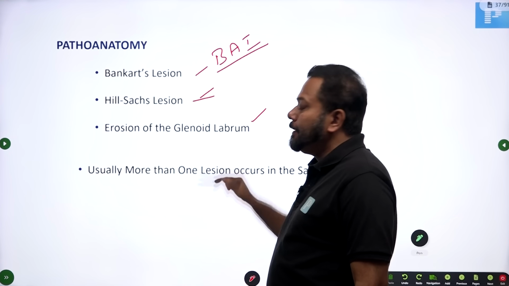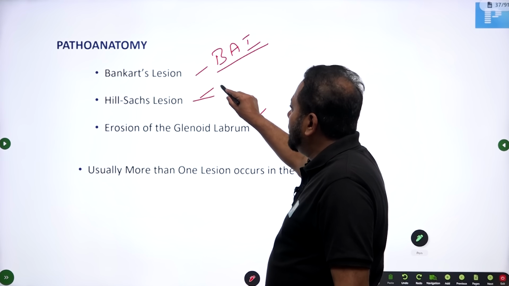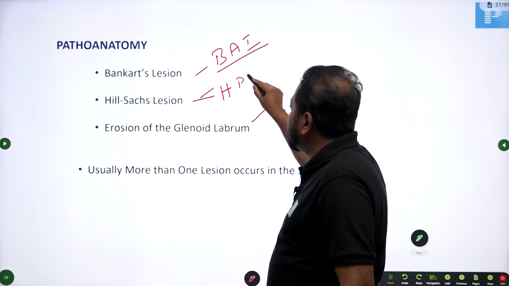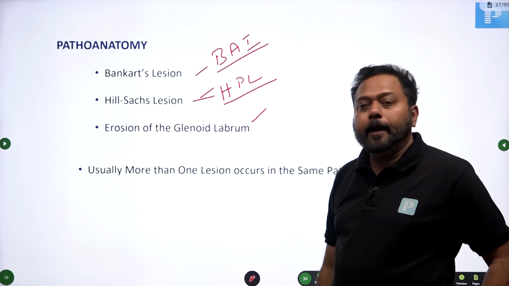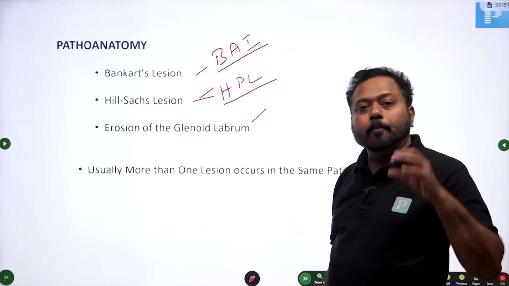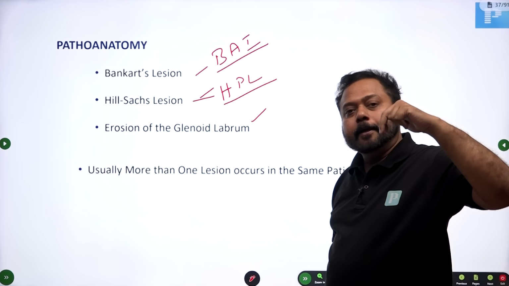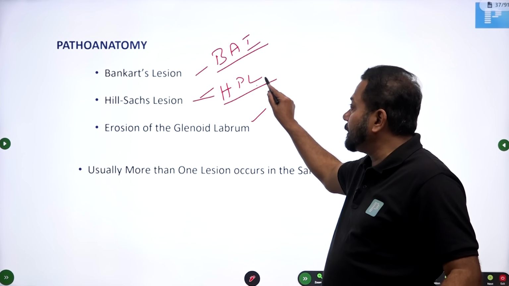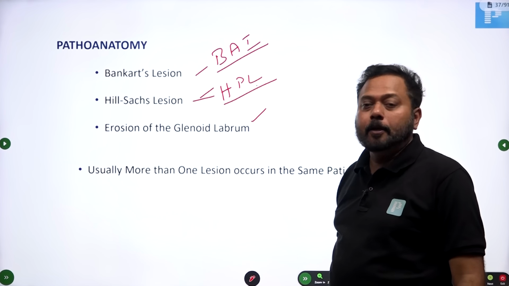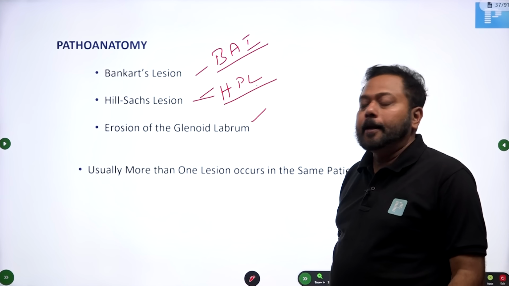Hill-Sachs lesion is a bony lesion, a depressed fracture in the posterolateral aspect of the head of the humerus. So Hill-Sachs lesion is a bony lesion, a depressed osteochondral defect, a depressed fracture-like thing in the posterolateral aspect of the head of the humerus. Then erosion of the glenoid labrum, right?